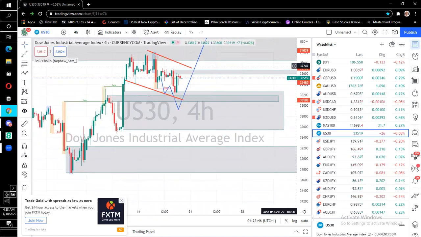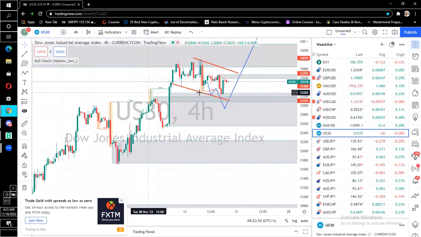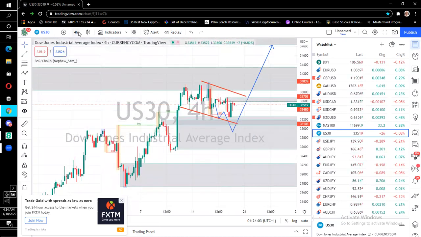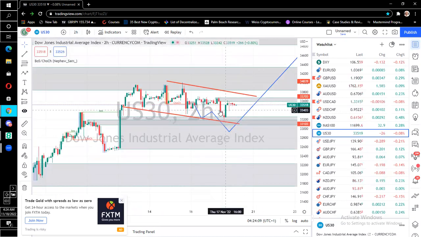All right, so now what are we then looking at in this pair? Being that the market has tapped into this fair value gap and hit the structural key level, we want to see them push to the upside. So now what we need to do is go to a lower time frame, like 1 hour or 2 hours, for us to understand what the chart is saying in here.